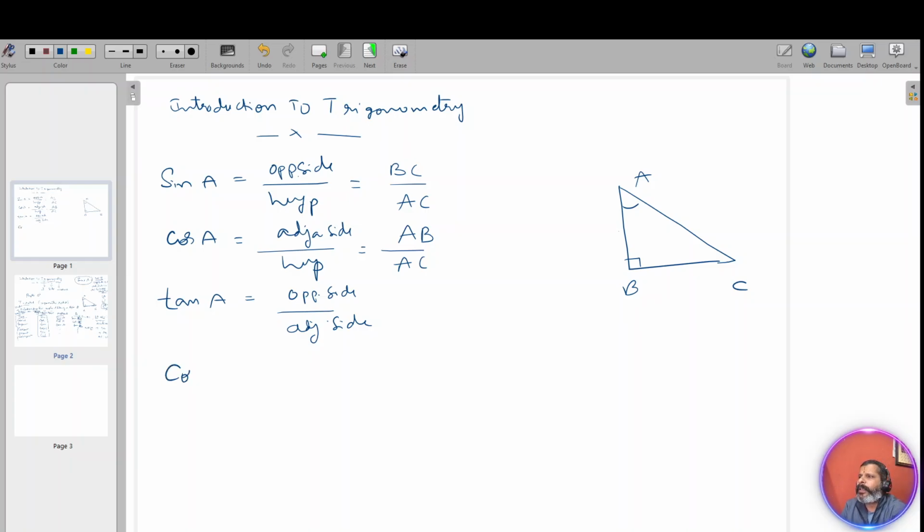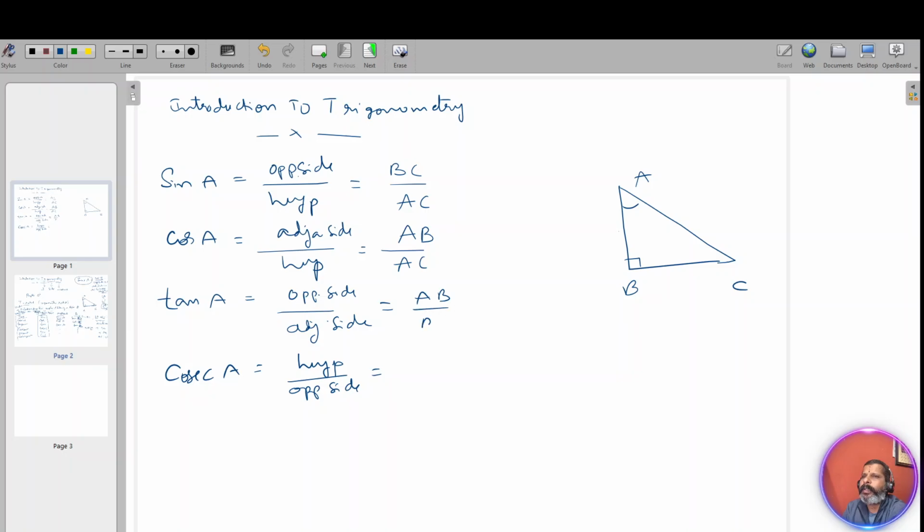Then we'll see cosecant A. What is cosecant A? Cosecant A is a reciprocal of sine, means reverse the fraction. What is the value? Hypotenuse by opposite side. Cosecant is hypotenuse by opposite. Okay, tan I forgot to write.